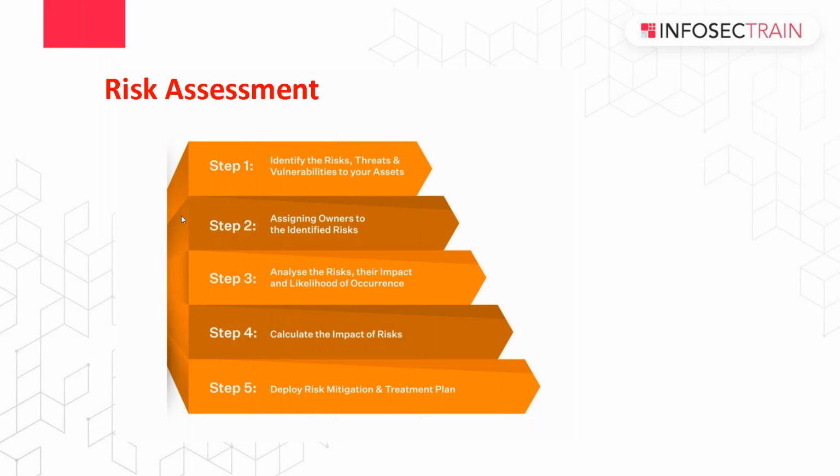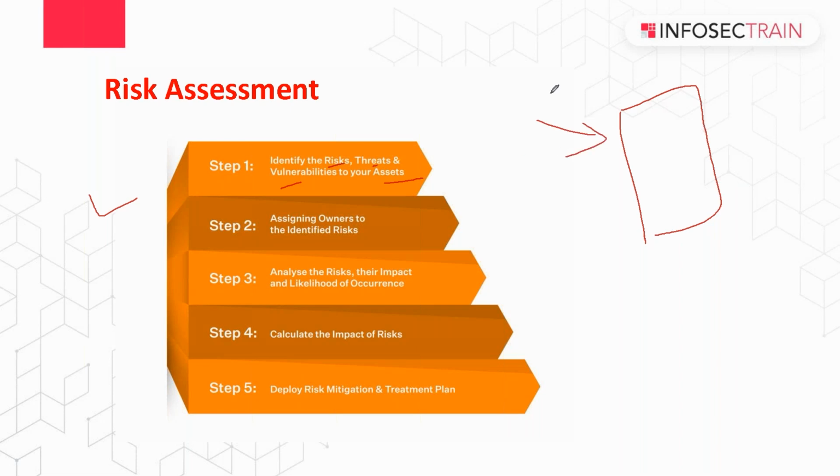We are going to identify what will be an acceptable risk and what will be an unacceptable risk. In a risk assessment, we identify the problem, the risk, threat, and vulnerability to your asset. Make a list of assets, and after that, perform an assessment of that area.